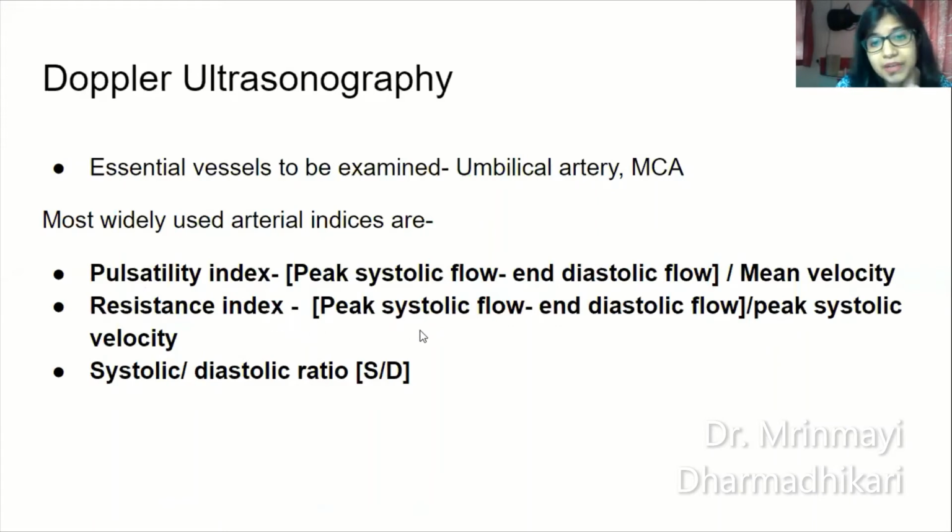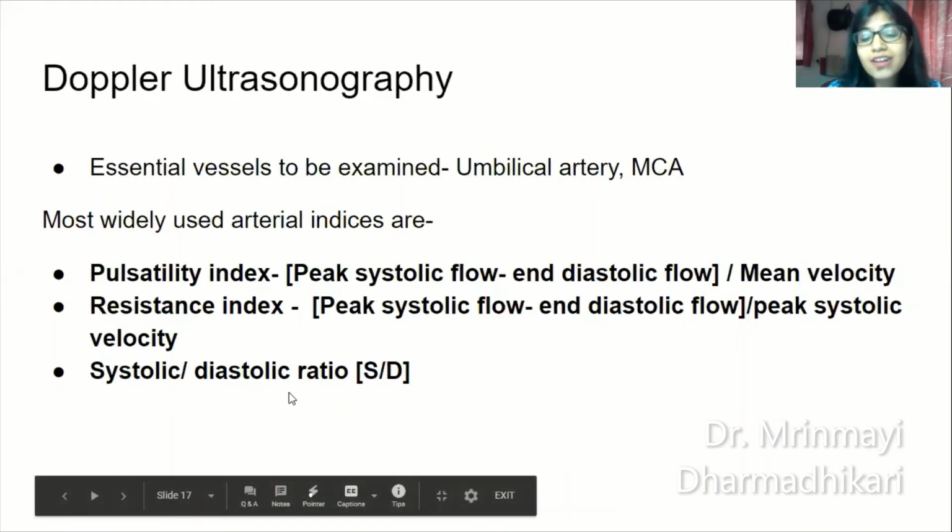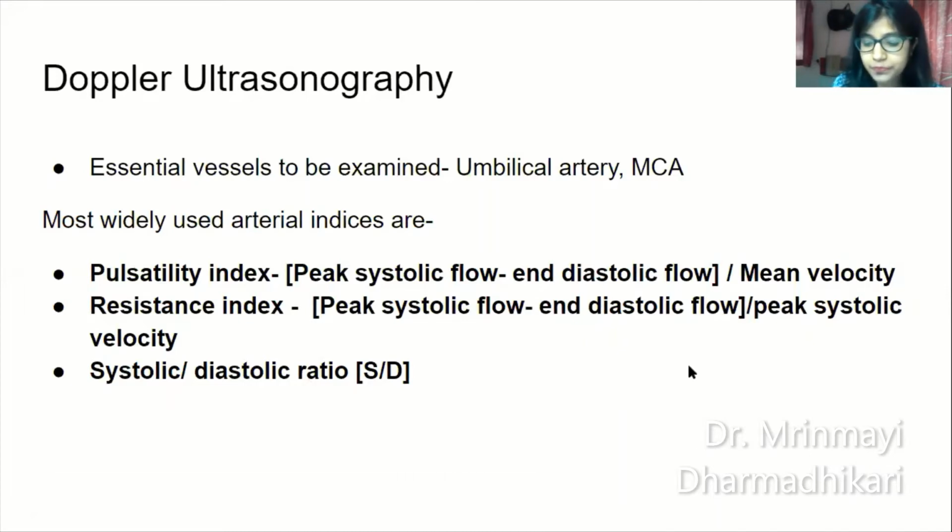Resistance index is the peak systolic flow minus end diastolic flow divided by the peak systolic velocity. And the SD ratio, which corresponds to the amount of resistance in the vessel, is the systolic flow divided by the end diastolic flow.